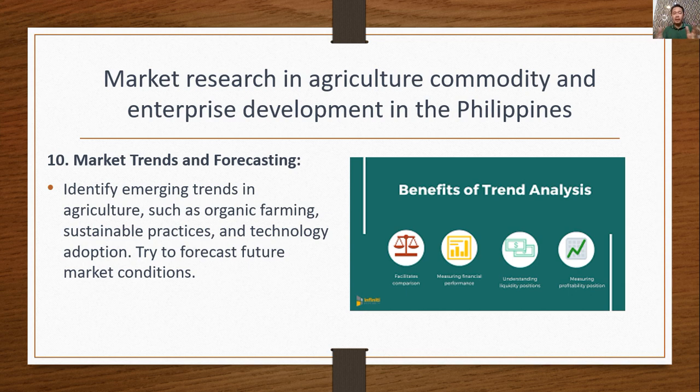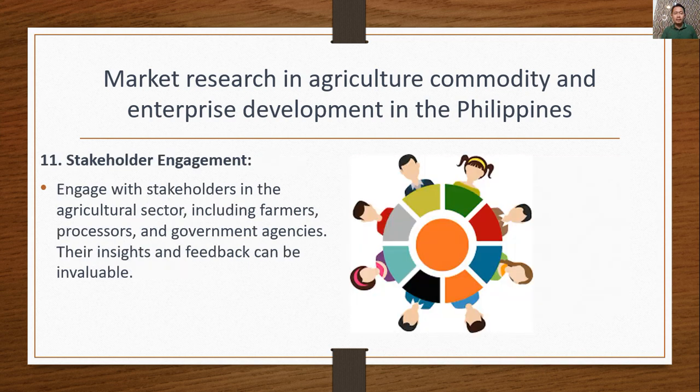You may try to forecast future market conditions. And you may also engage with stakeholders in the agricultural sector, including farmers, processors, and government agencies, by having stakeholder engagement. Their insights and feedback can be really invaluable.